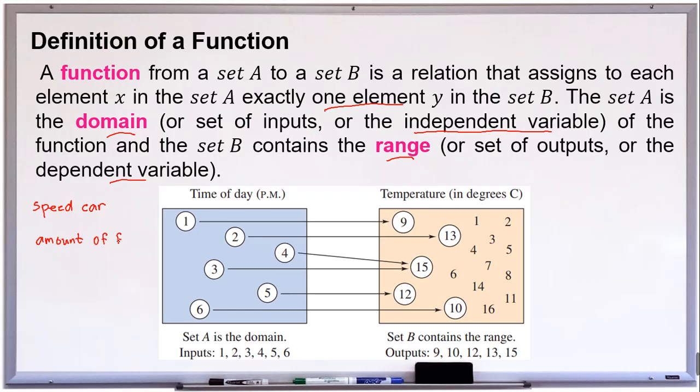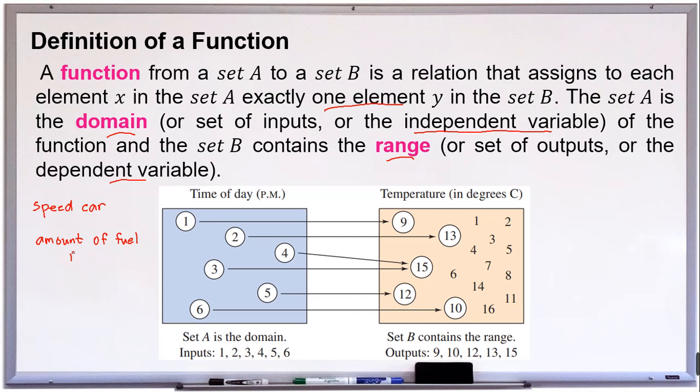As we press the accelerator deeply, the amount of fuel being sprayed by the fuel injector increases. Therefore, as a result, the speed of the car also increases. So the amount of fuel is our independent variable.